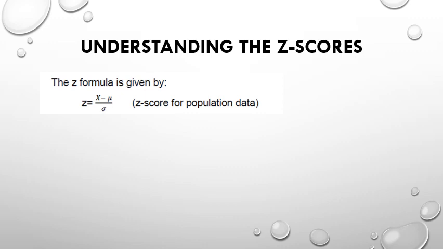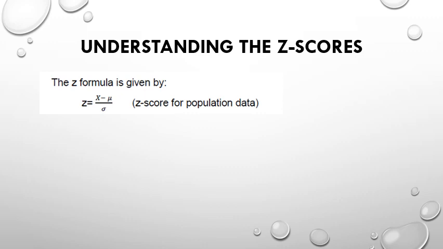So, kaning formula gamiton nato if ang atong data is a population data. So, pareho ganina sa example about sa height. Kung kuhaon nato ang height sa tanang estudyante sa isa ka section, so population data, ang formula sa population data ang atong gamiton pag-convert sa raw score.